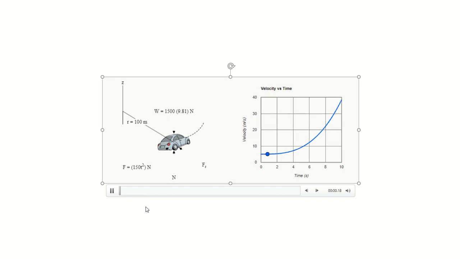From your textbook, it's just showing you the velocity and time graph. Velocity is on the x-axis, and the y-axis is your time. So as it goes up, velocity goes up, time goes up, and then you can see the forces affecting that car, which has a weight.